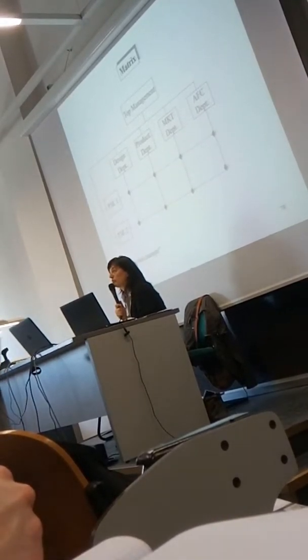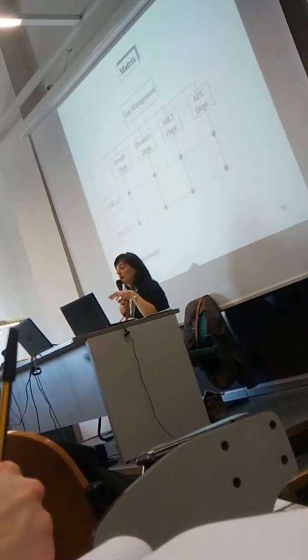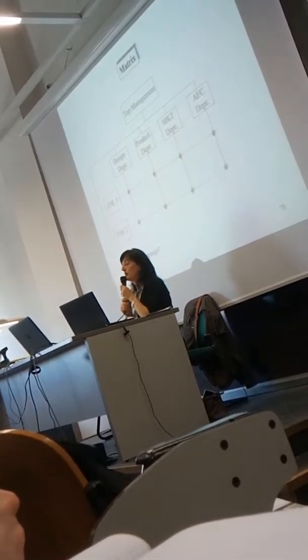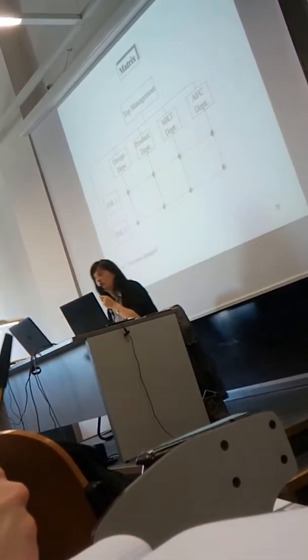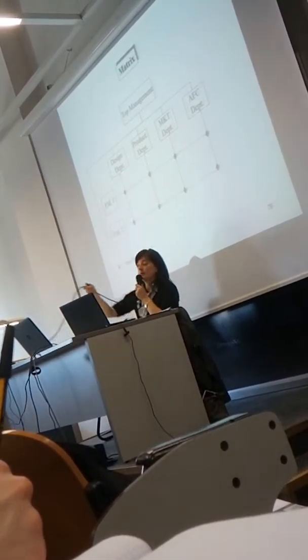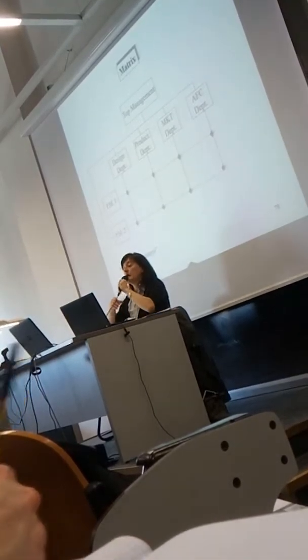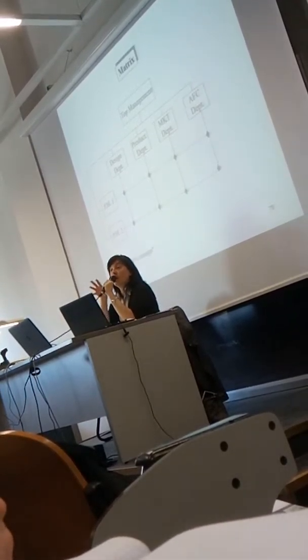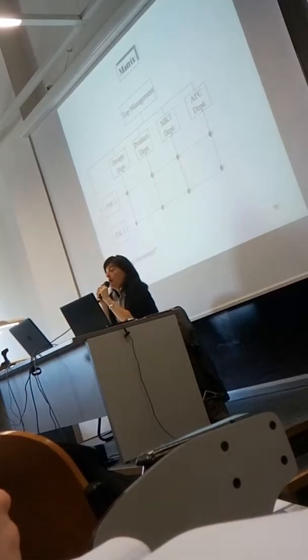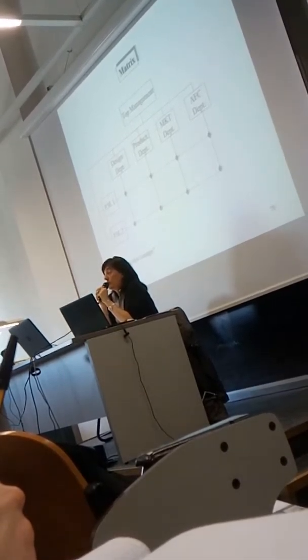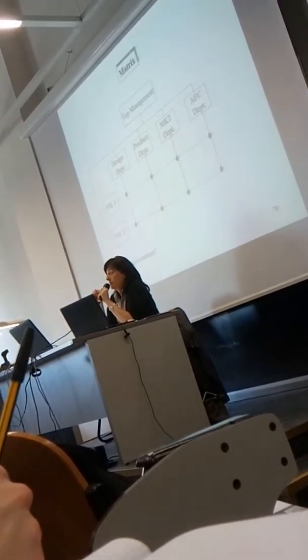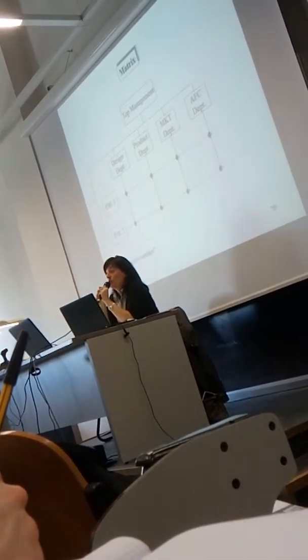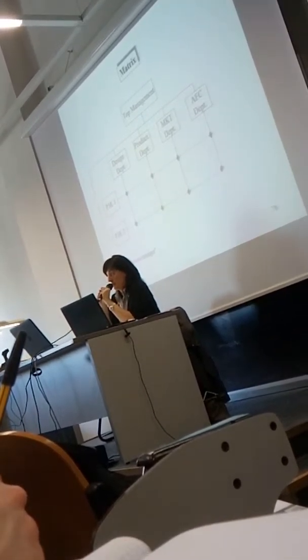In particular, it's possible to identify the temporary matrix, okay, when the output is based on project. When the output is based on the product and the process, the matrix is called permanent matrix. Okay?